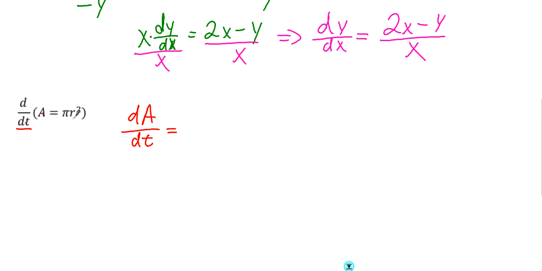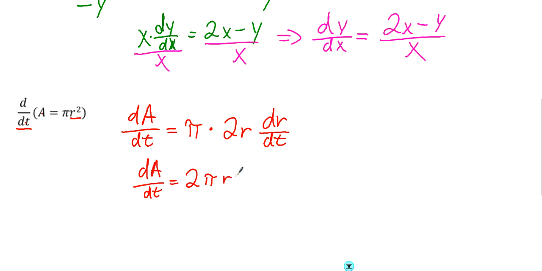Then when I take the derivative of the other side, pi, which is just a constant, times the derivative of r squared, which is 2r dr over dt. And when we simplify this a little bit, we get dA over dt equals 2 pi r dr over dt.